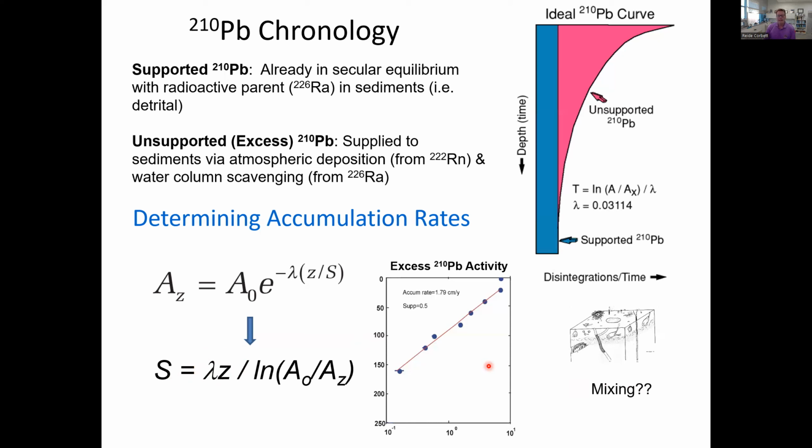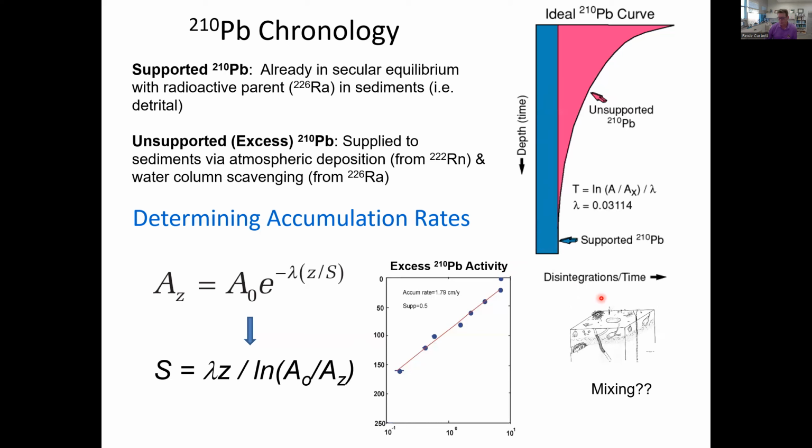Now, it's important to recognize that this curve can be generated in other ways other than just decay of lead-210, right? Through that process of decay. Mixing of sediments, whether bioturbation or physical mixing due to waves, can create a similar curve. And so you need to understand your environment.